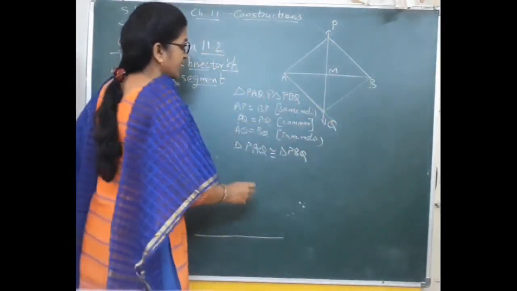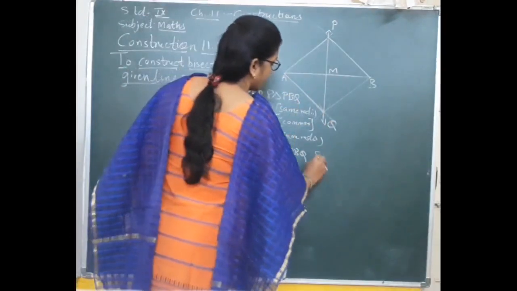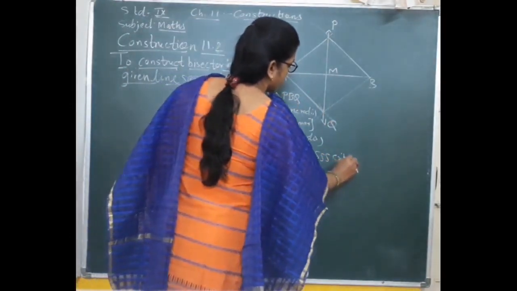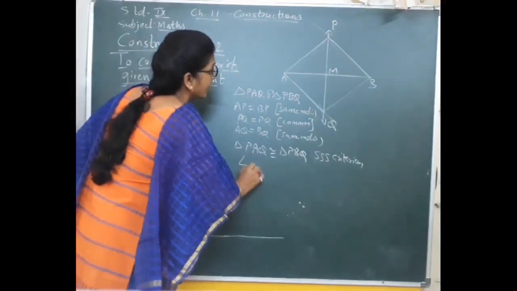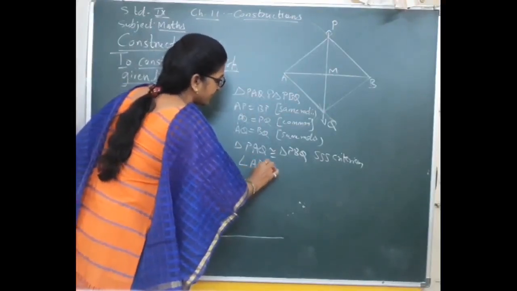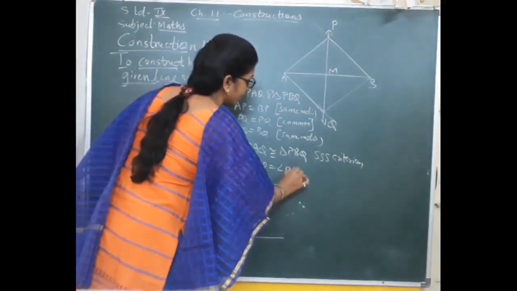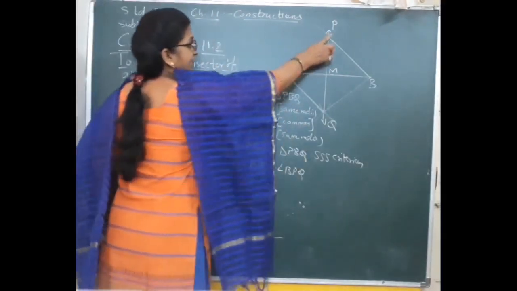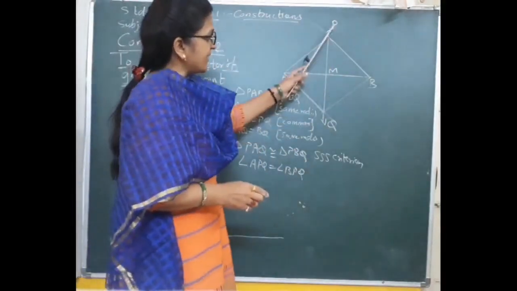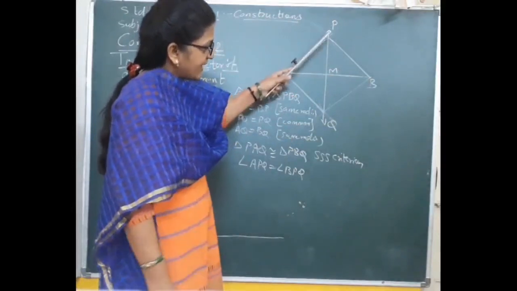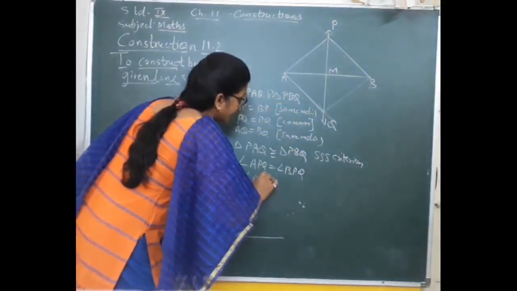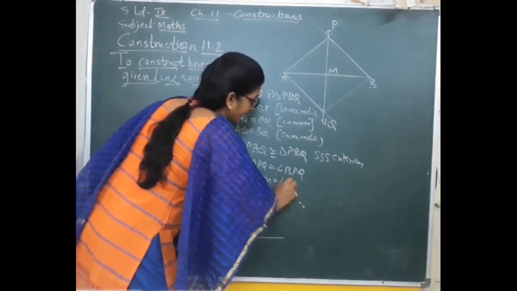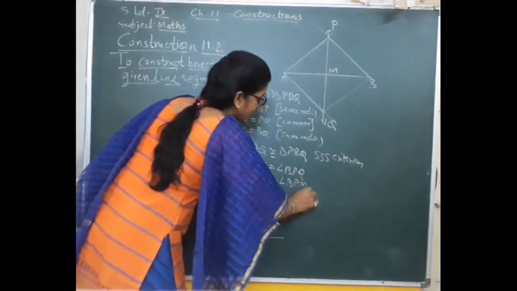So by which criterion? SSS criterion. Therefore, by CPCT, angle APQ is equal to angle BPQ. As M lies on PQ, you can write it as angle APM is equal to angle BPM.